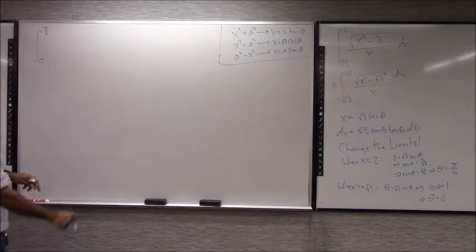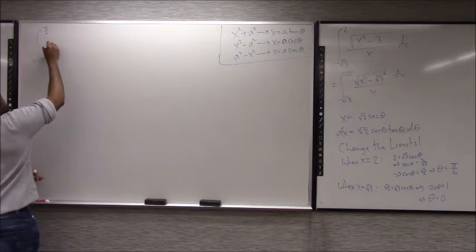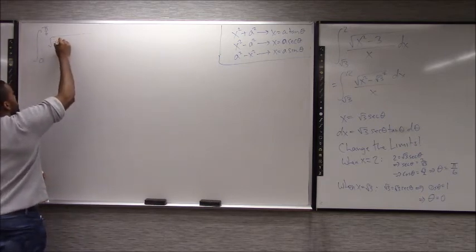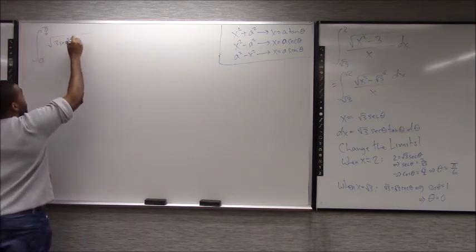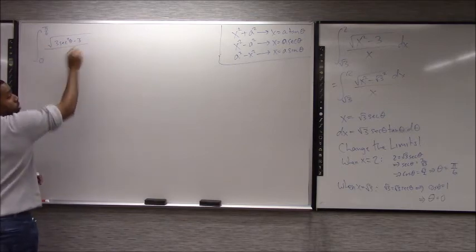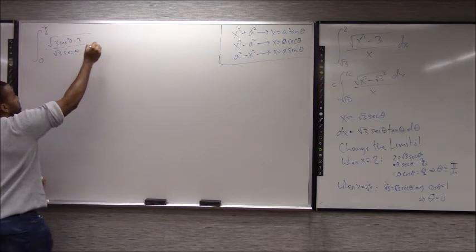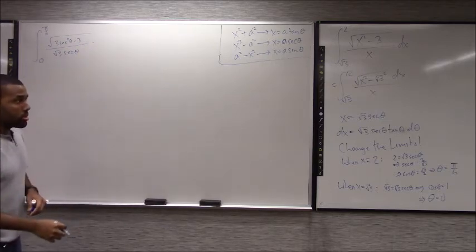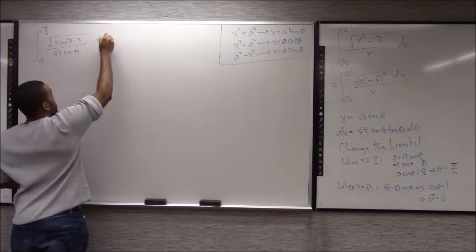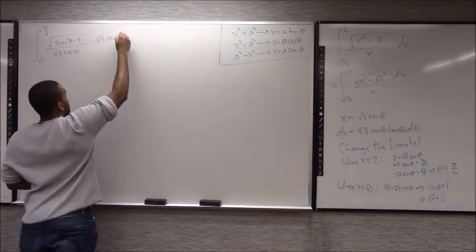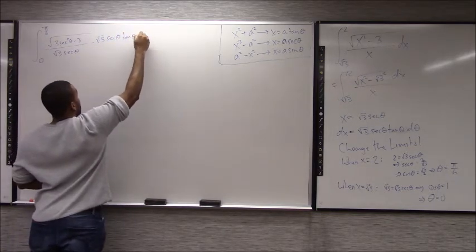And what's this guy going to become? My x squared minus 3. So basically this is going to give me 3 secant squared theta minus 3 in the top, over my x, which is radical 3 secant theta, times my dx, which is radical 3 secant theta tangent theta d theta.